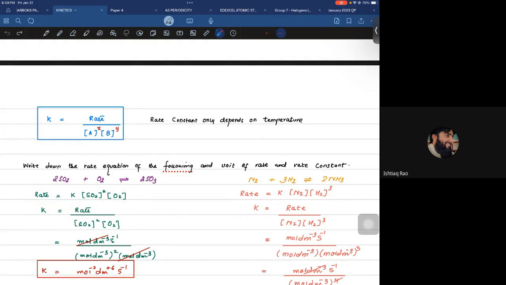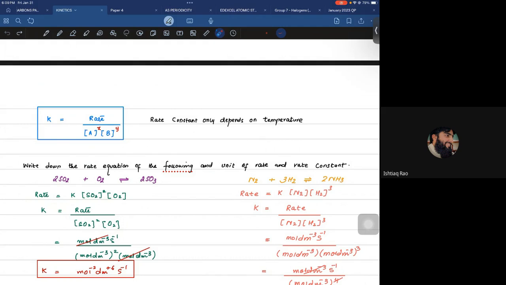And then you have to find out the unit for the rate constant, that is k. So k would be equal to rate over the concentration of reactants. The unit for rate is mole per dm cube per second. Why? Because rate is change in concentration per unit time.